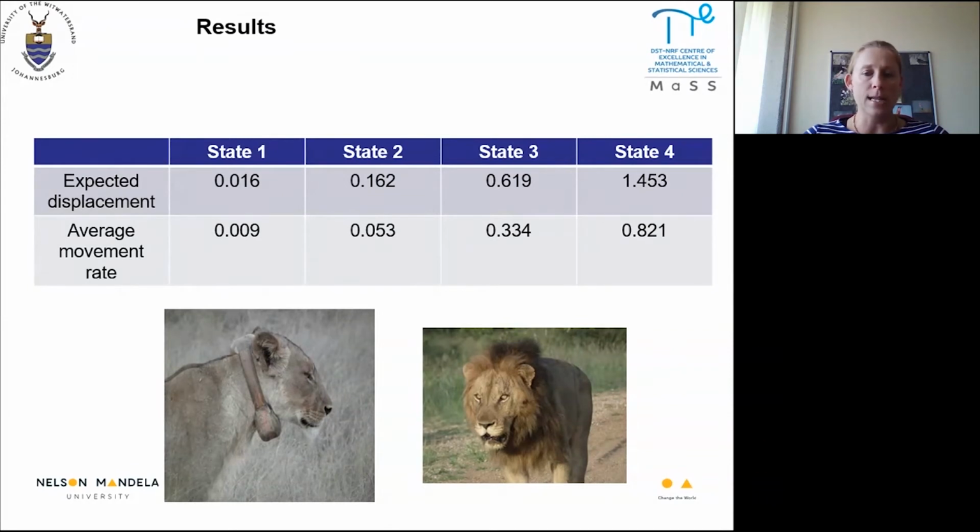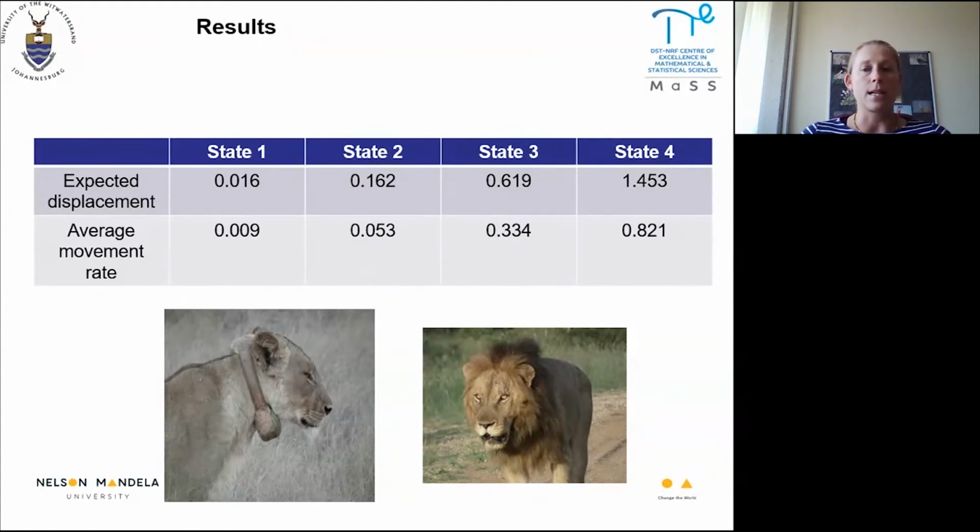What we first looked at was the expected displacement, which is the expected value of the log normal distribution fitted to state 1, state 2, state 3, and state 4. The units there are kilometers. So in state 1, very short movements. State 2, about 160 meters. State 3, 600 meters. And state 4 at about 1.45 kilometers.